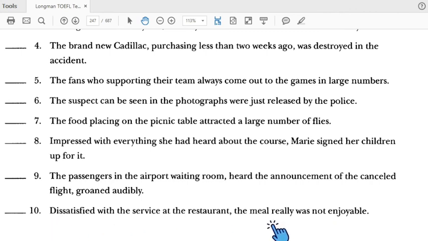That's why in the TOEFL, numbers 11 until 15, most people make mistakes. If you get 600, maybe you get wrong in number 10 and number 11 until number 15 because it's the hard one in the TOEFL.